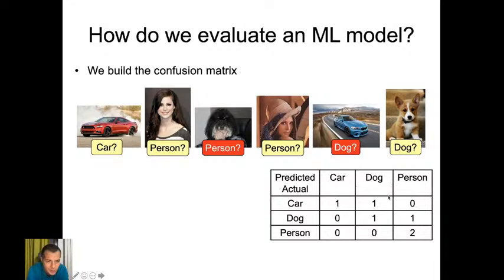Here, if you do the sum of these, it tells you that you have two examples that are from the class dog. And if you do the sum on the column, you get two examples predicted as class dog. If an example has the actual label and the predicted label correct, then it appears on the main diagonal of this matrix. Otherwise, here we have, for example, an example that is actually a car.